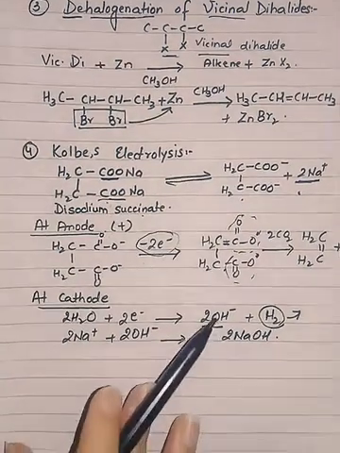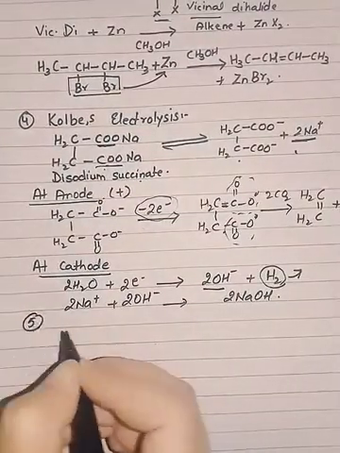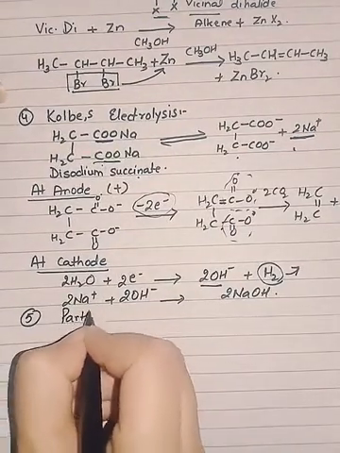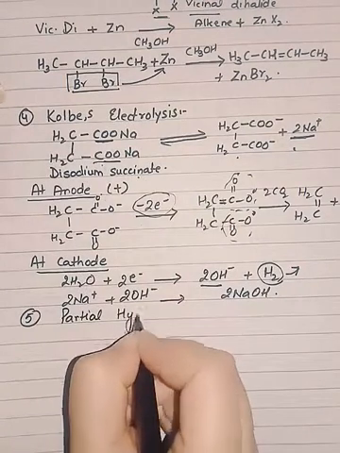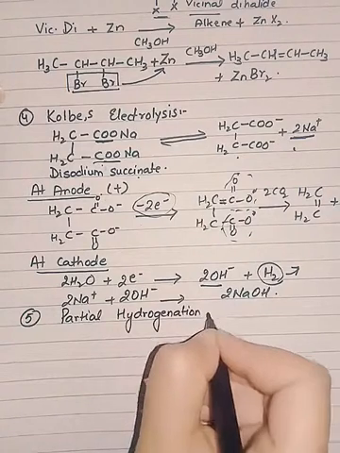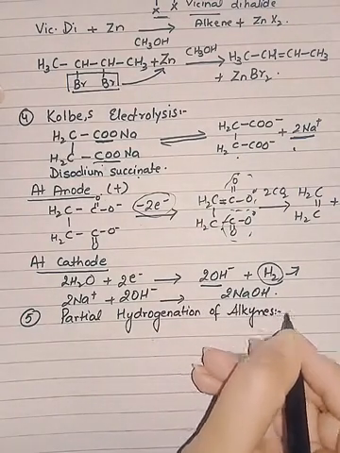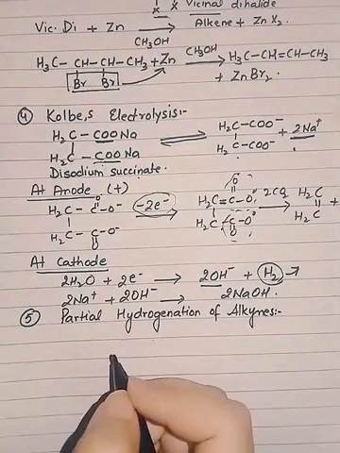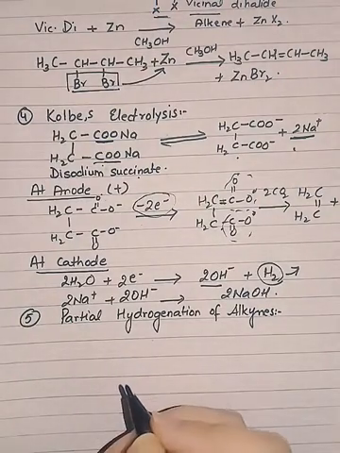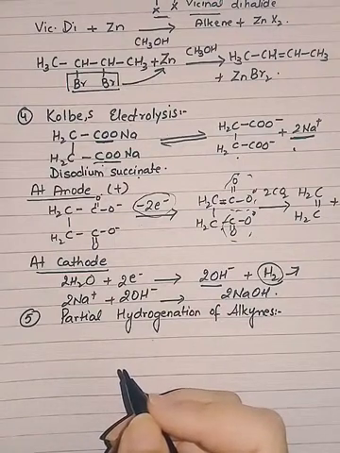Now the last method of production of alkenes is partial hydrogenation of alkynes. Partial means alkynes have a triple bond, and if we do hydrogenation, at the first step the triple bond will be converted to a double bond, and we will stop the reaction right there.